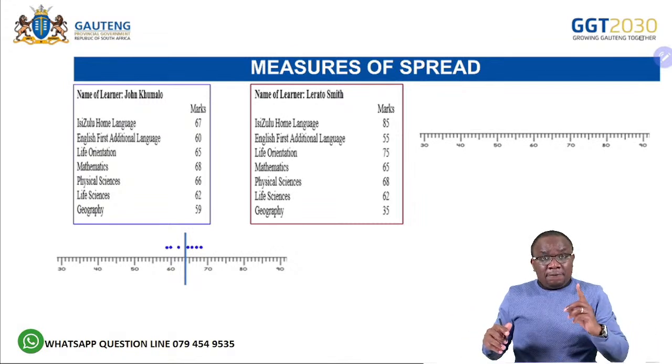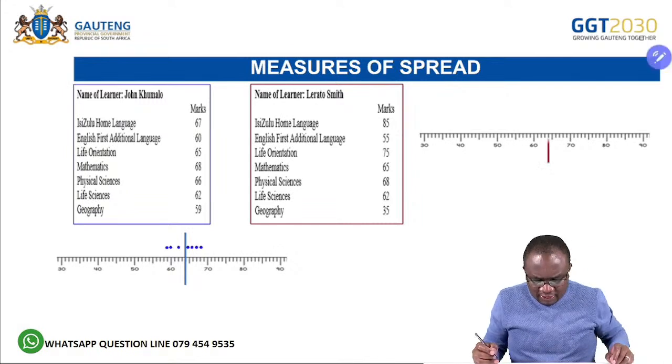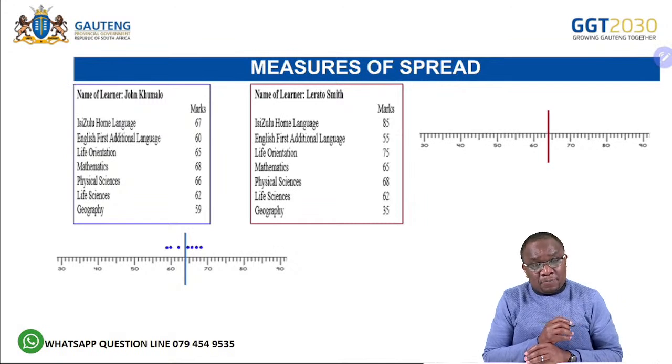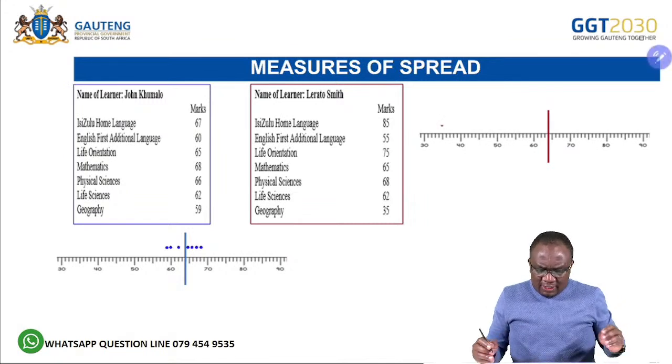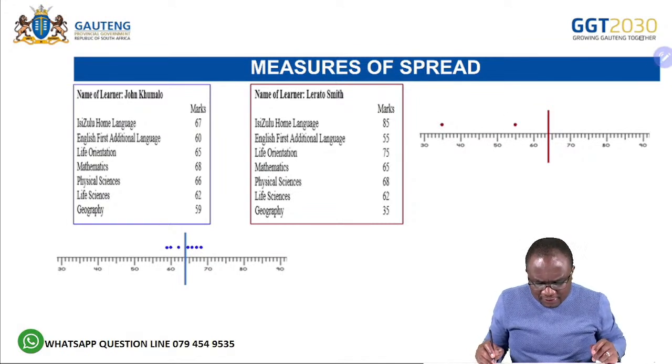Before we conclude, let's go to Lerato's information. This is the mean for Lerato. Again, it is 64%. If you check, the lowest mark for Lerato is 35%, followed by 55%, and then after 55 there's 62%.